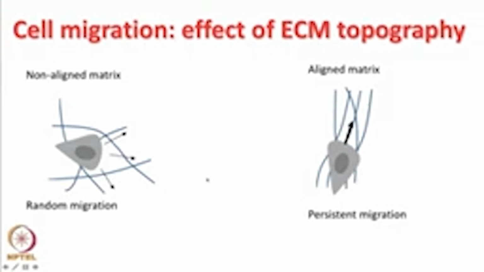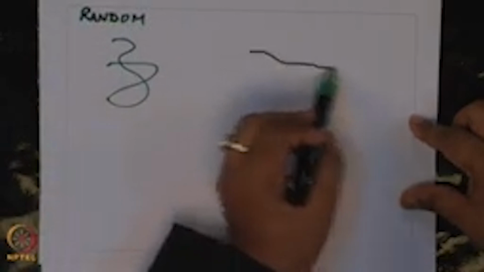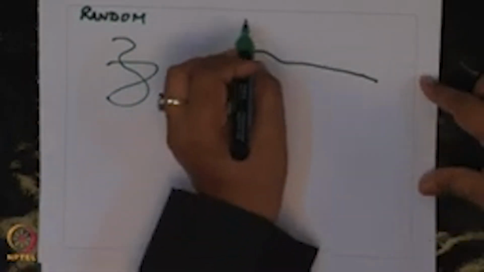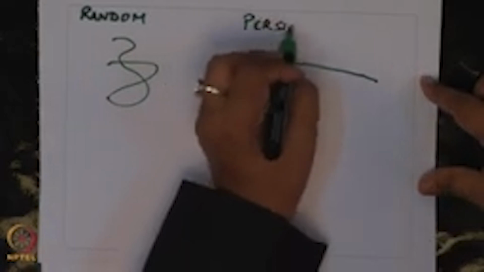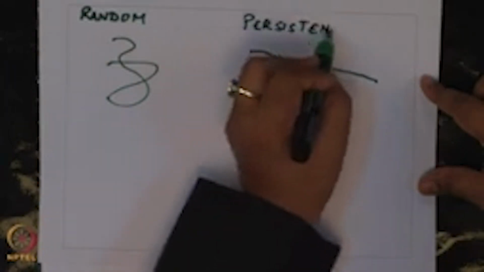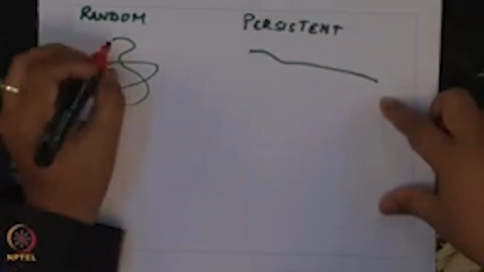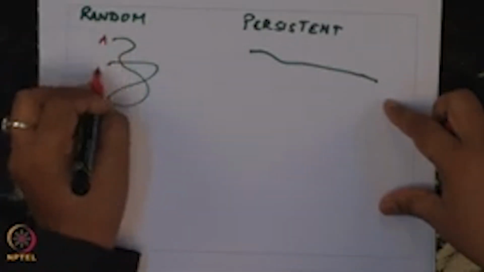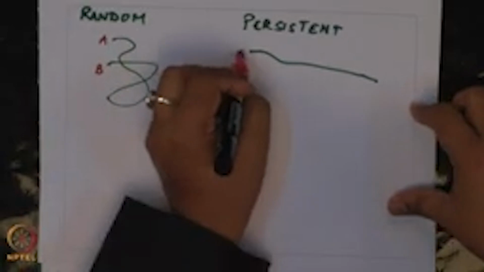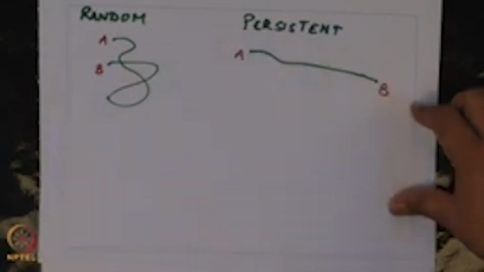So, how do we quantify this mathematically? You can think about it as this trajectory being random, versus this being more persistent. How can you mathematically quantify this? One easy way is to take the endpoints. Let us say this is the starting point A and this is the ending point B. Similarly, this is the starting point A and this is the ending point B for this trajectory.